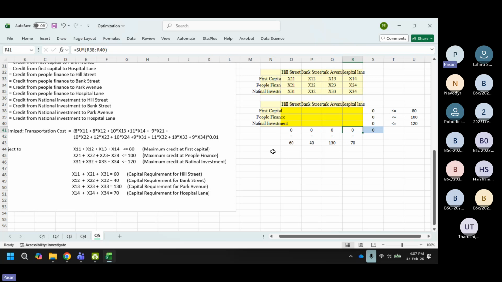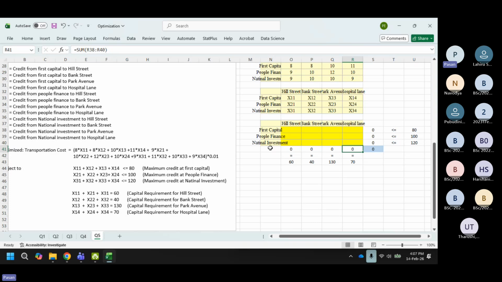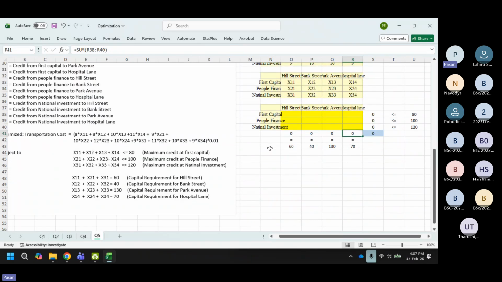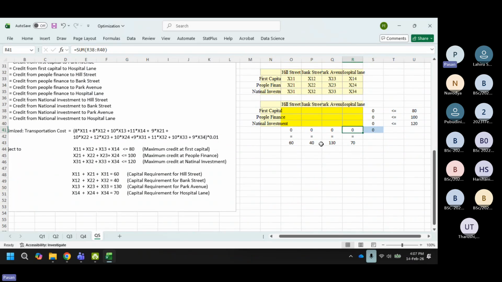Remember that we are doing a minimization here, so either we can go for these numbers or anything above them. To build the Hill Street place, we need 60, and if you're getting anything larger than that, that's also fine. But we need exactly that amount, so we don't need anything other than that. So we can say it is equal.